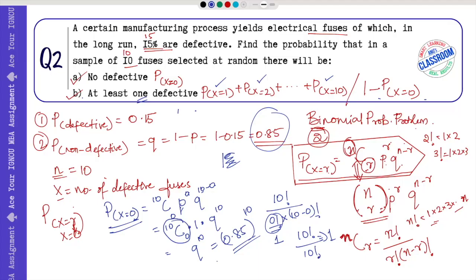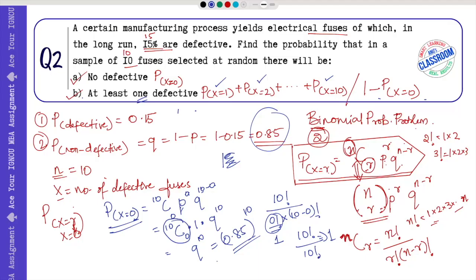If it is like no defective and at least one defective, then it is easy. We can simply use the complement rule if it is possible. Or, for example, if it was at least two defective, then you can't use this complement formula. You will have to calculate P of X equal to 2, P of X equal to 3, and so on, sum it up and write. Depending on that, you use the formula and present the probabilities both as decimal and as percentage form.